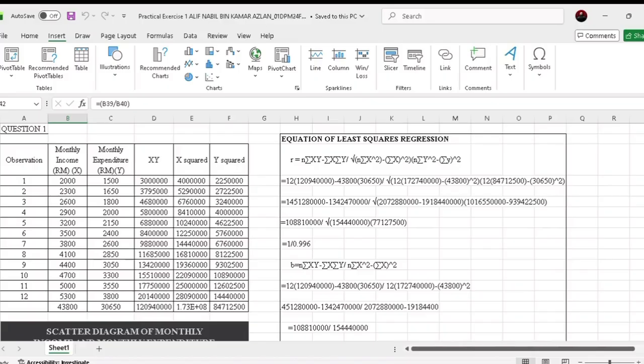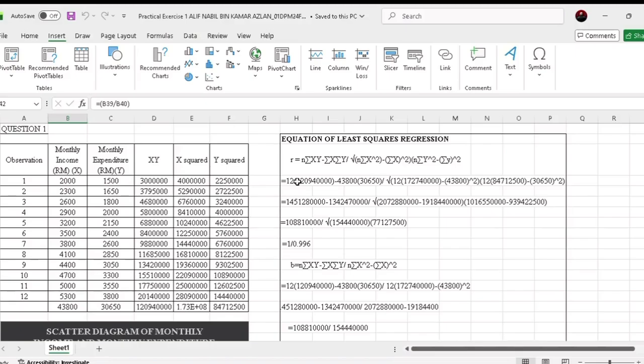So for question D, it asks us to display the equation of the least squares regression by using Excel. For the equation of least squares regression, we must first find r, and its formula is n sum xy minus sum x times sum y, divided by the square root of in bracket n sum x square minus in bracket sum x square 2, in bracket n sum y square minus sum y square 2.